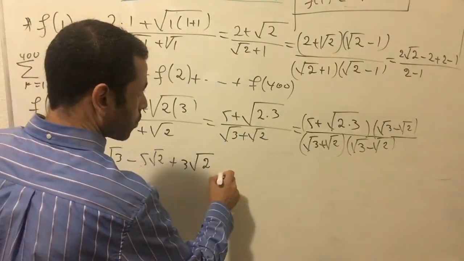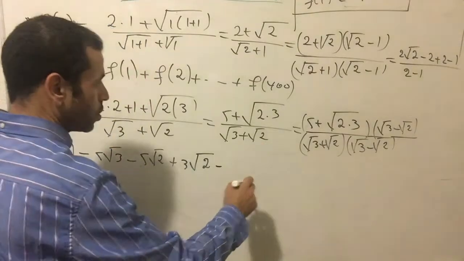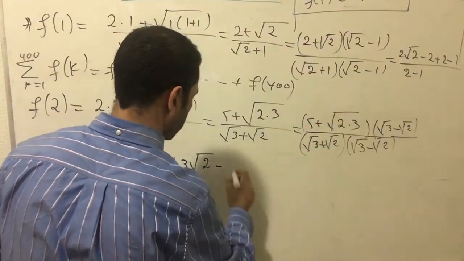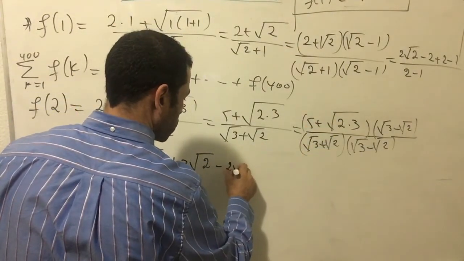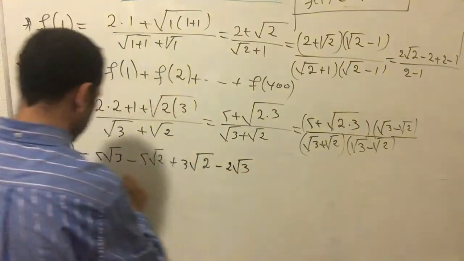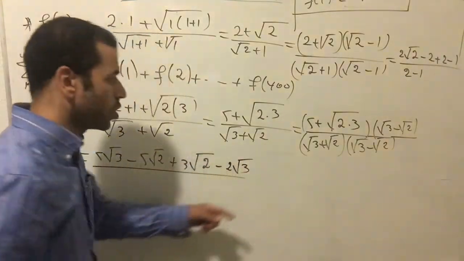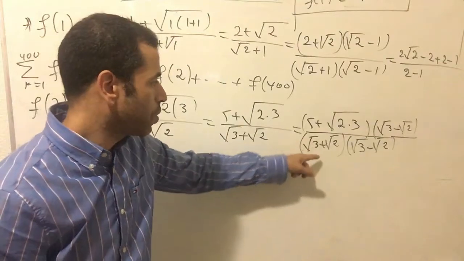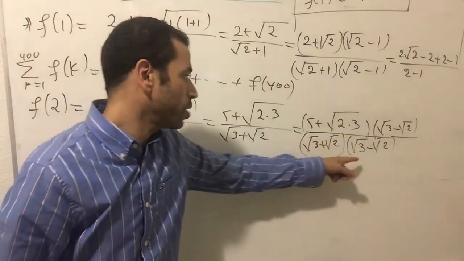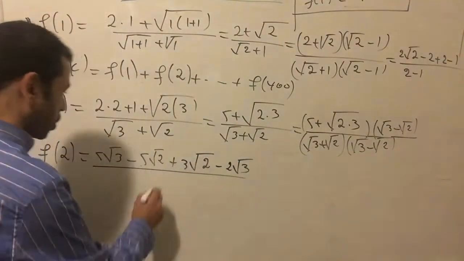So minus the last one, square root of 2 multiplied by square root of 2, which is 2, multiplied by square root of 3. The denominator, when you multiply by the conjugate, is giving you 3 minus 2, which is 1, okay?